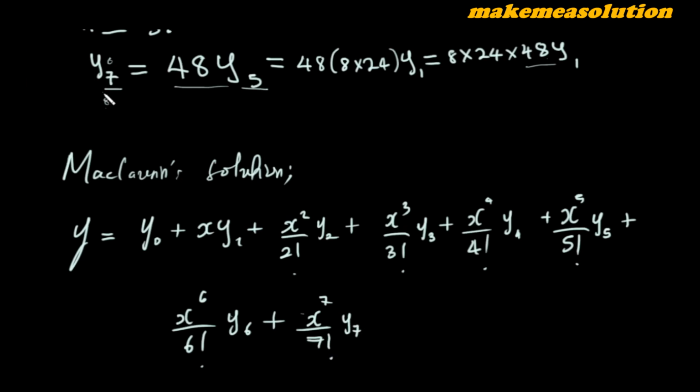So I'm stopping at x7 because I did my iteration until I got y7 and plus dot dot dot.